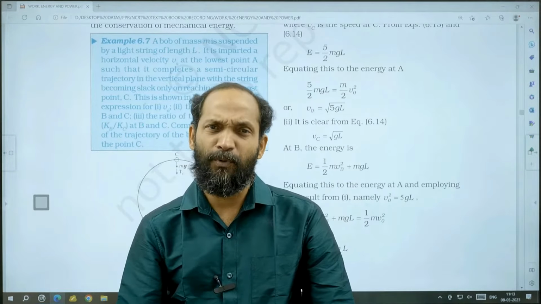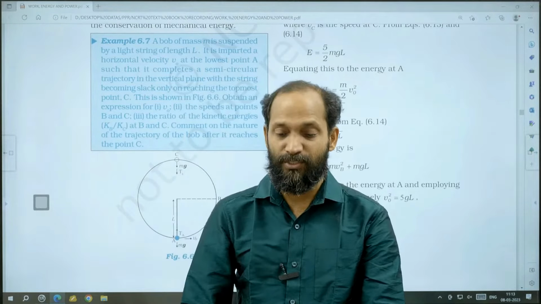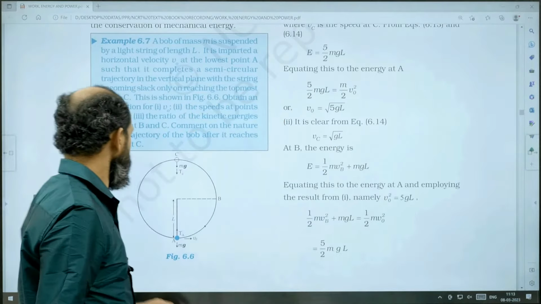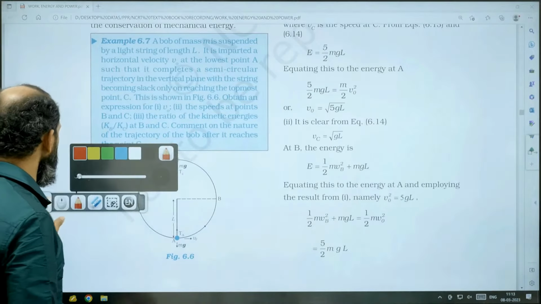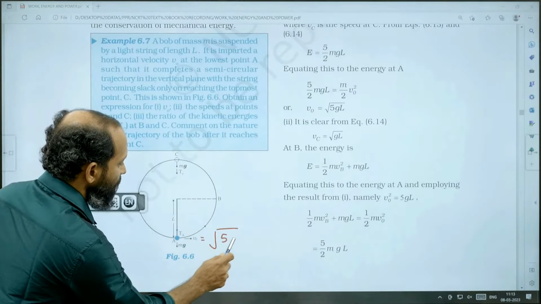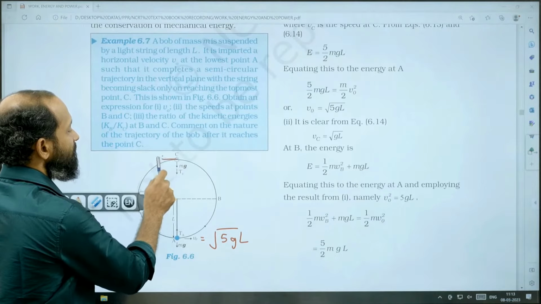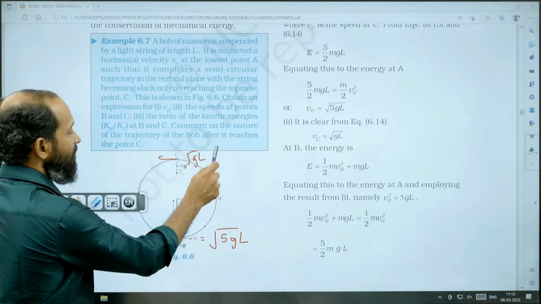But it is possible critically with a minimum speed at the bottom, which is root 5gL, where L is the length of the string. When it reaches the top, its speed will be root gL.